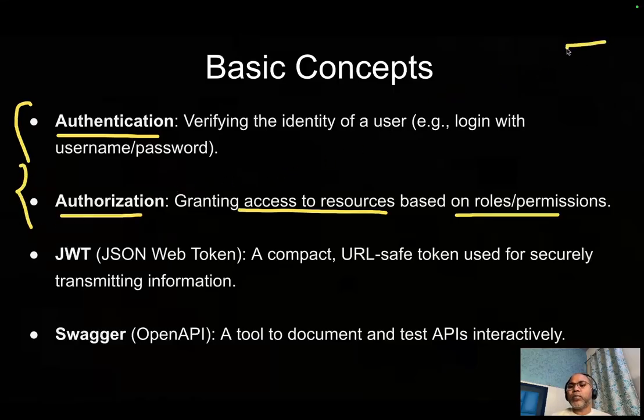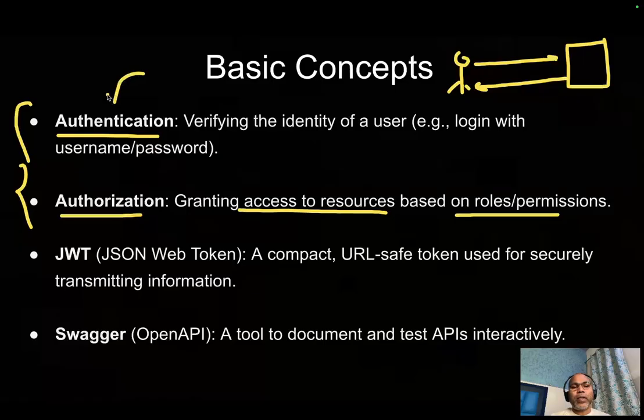Any system you build, any API app you build, if your client wants to communicate with the application, you are going to ensure that they are the right person and they have the right roles and permissions to access the particular resources. The next point is about JWT.